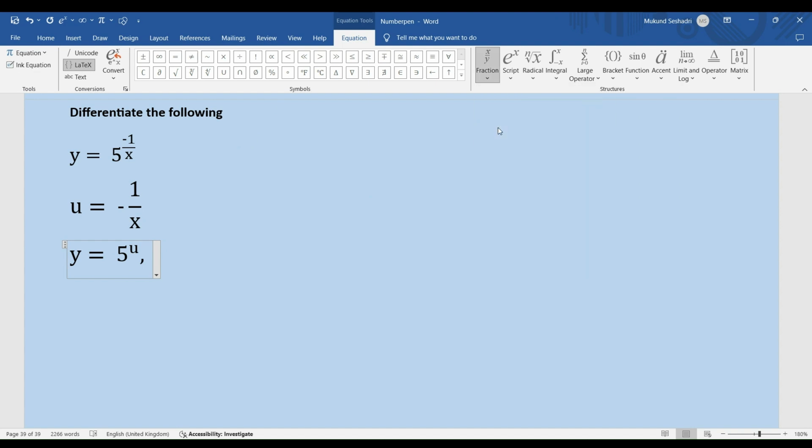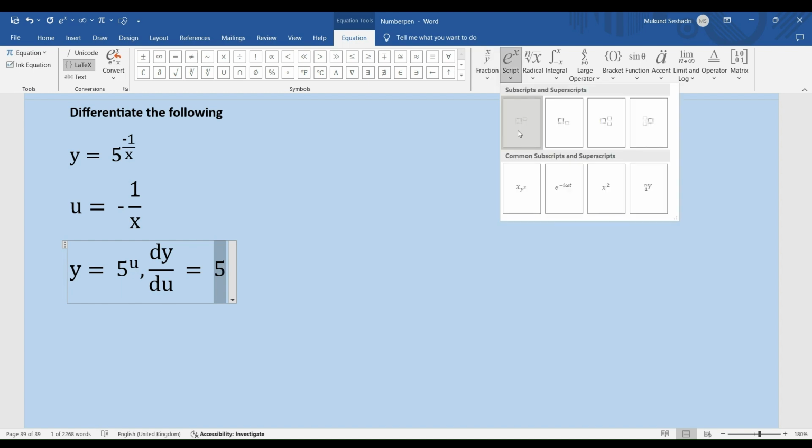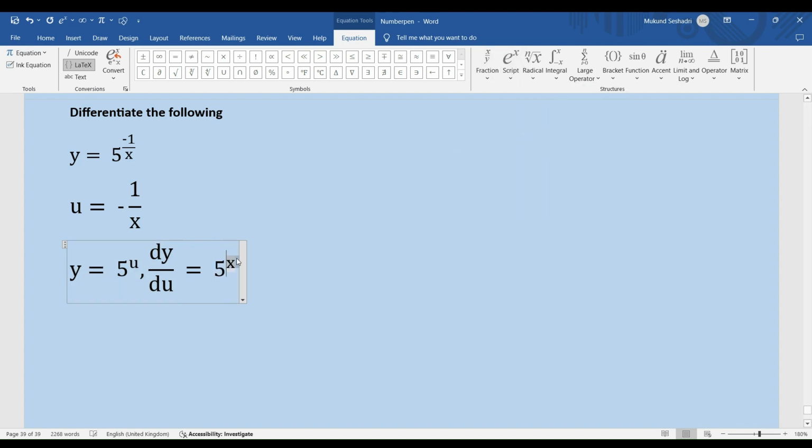So let us do that. So my dy by du is nothing but 5 to the power u into log of 5, right? And why is that? Because my d by dx of a to the power x is nothing but a to the power x into log of a, right?